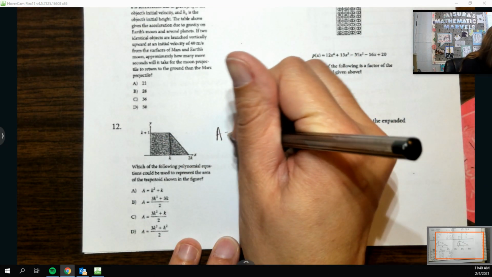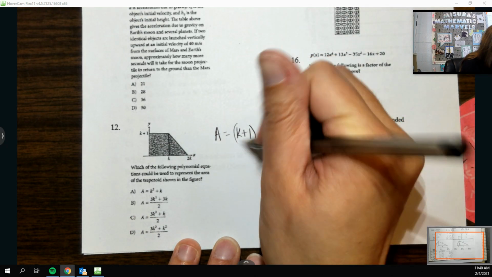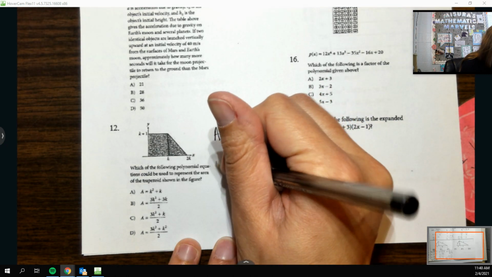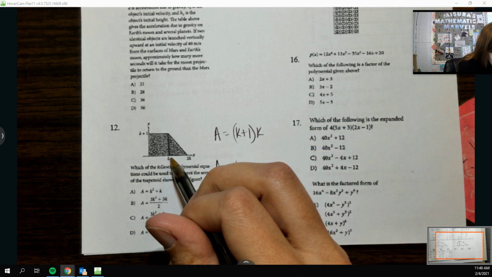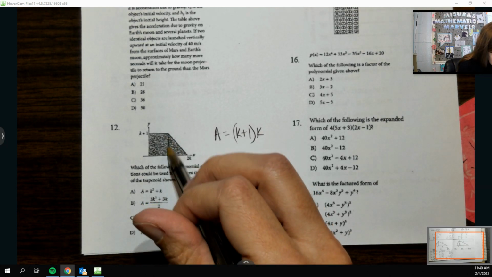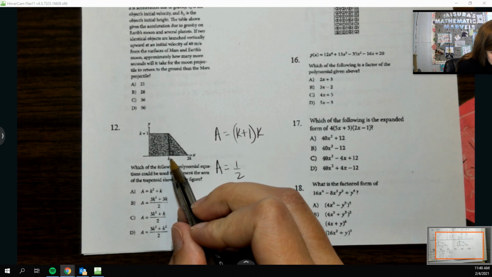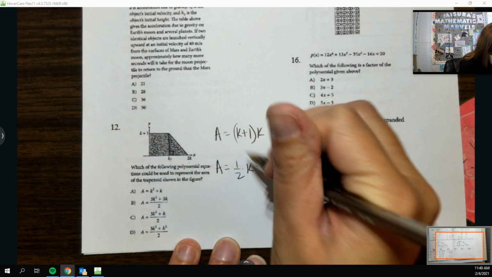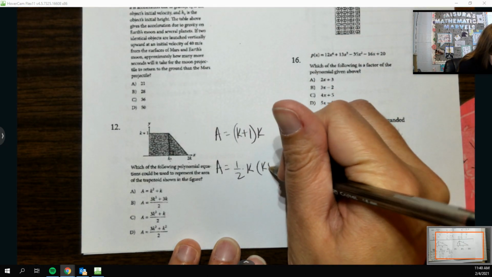But the area of that would be the height here, which is k plus 1, times the length here, which is k. And then I would need to find the area of the triangle, which is half base times height, which is like your base and height, anything that's perpendicular. So from k to 2k, that's just k. And then times the height, which is still k plus 1.